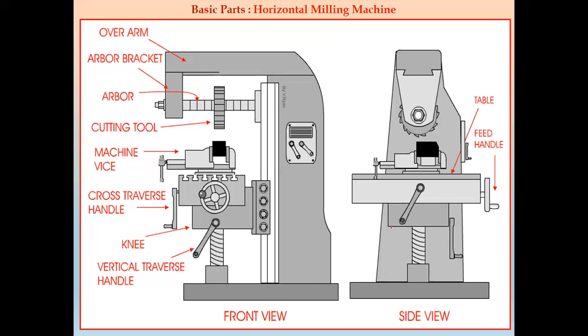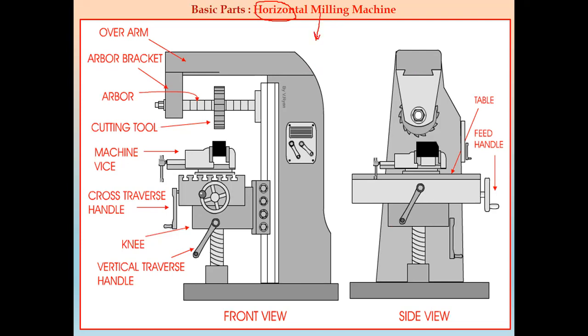Now, if you see, there are basic parts of this milling machine. There are two main types of milling machine, the horizontal milling machine and the vertical milling machine. We'll see the parts of the horizontal milling machine first, and then the vertical milling machine.